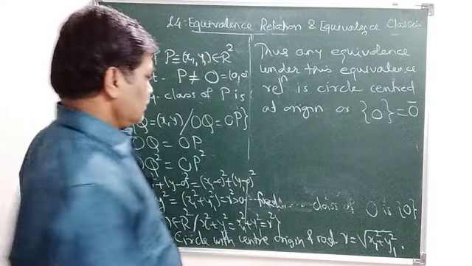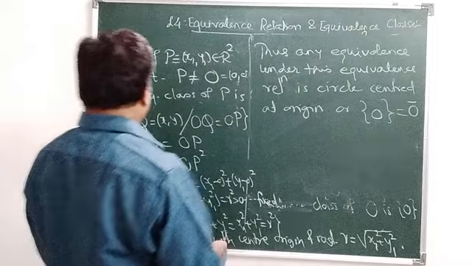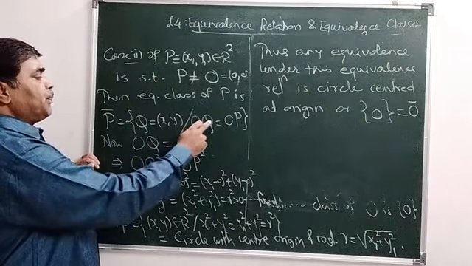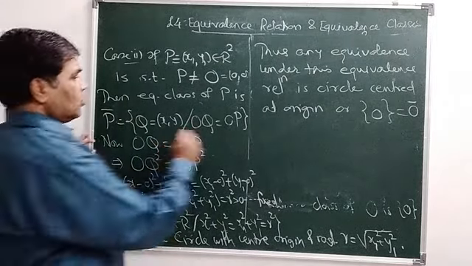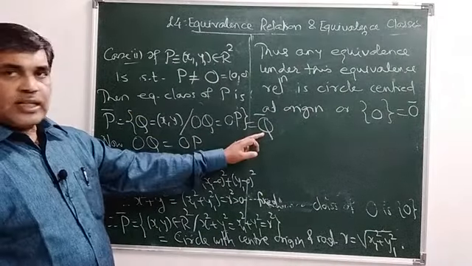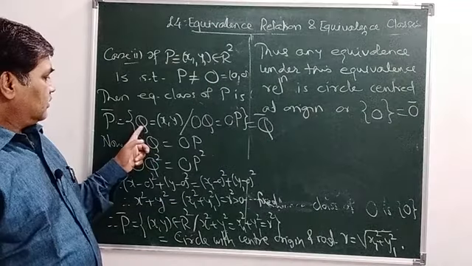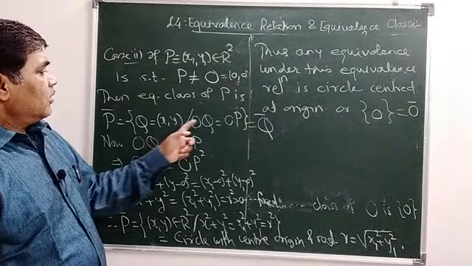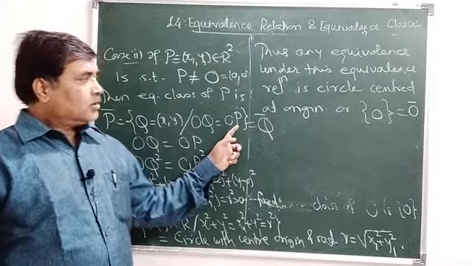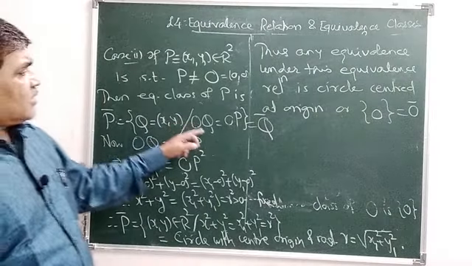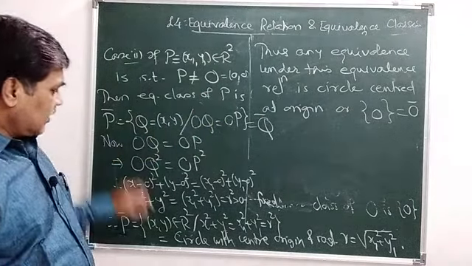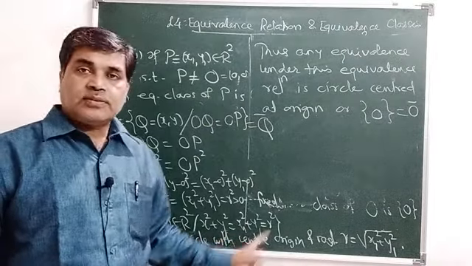Now you can observe what your P bar is. It is nothing but the set of Q equal to (x, y) such that OP is equal to OQ. So this is nothing but Q bar also. The equivalence class of Q bar is the set of P such that OP is equal to OQ. From this you can observe that the equivalence class of any point on that circle is the equivalence class P bar.